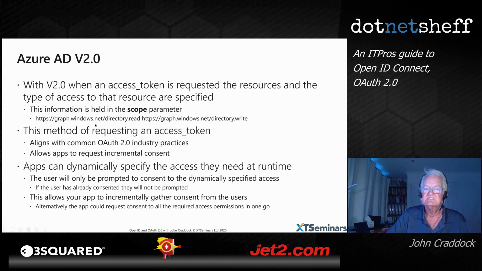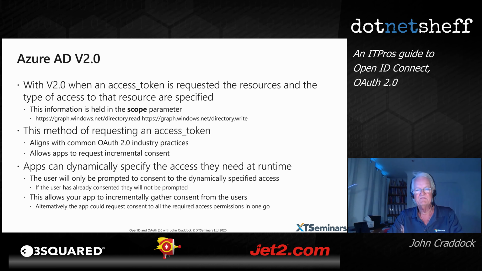So what we're saying is to graph.windows.net, we want directory read. And here it's saying to graph.windows.net directory write. So we are actually specifying the actual resource we want to go to and the permission on that resource. And we do that in the scope parameter.